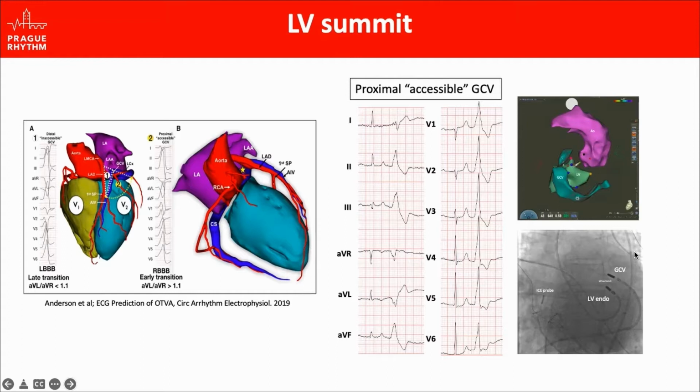Since unipolar ablation failed, we used bipolar ablation between a passive catheter that was introduced into the great cardiac vein and an active catheter that was introduced retrogradely into the LV in this backhand fashion. And indeed, ablation between these two electrodes was successful in eliminating the PVCs from this region.